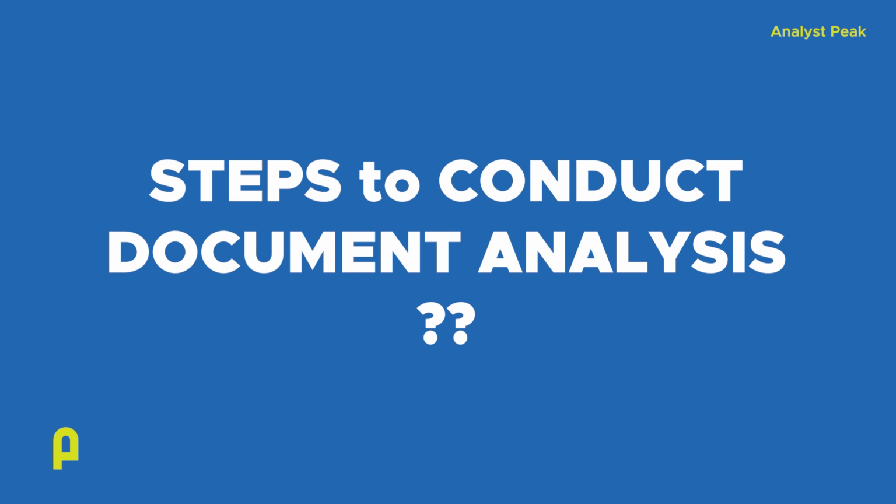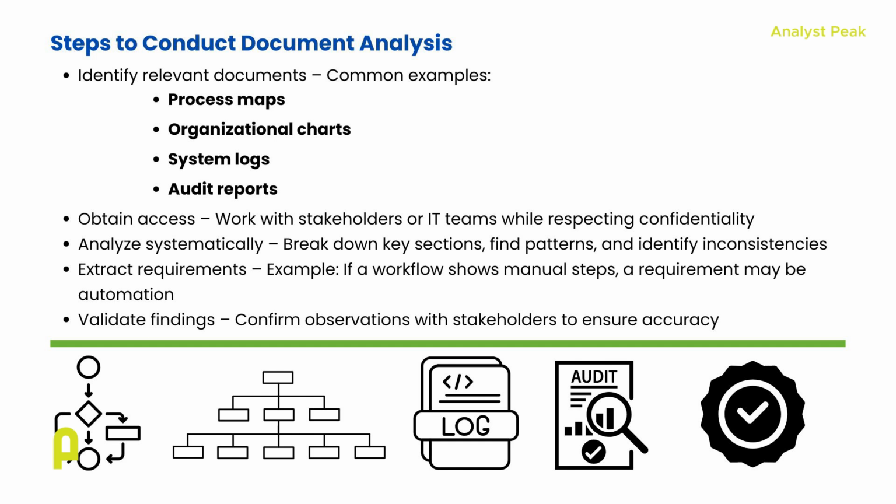Now let's walk through the steps to conduct effective document analysis. Number one, identify relevant documents. Start by listing the types of documents that might provide insights. Examples include process maps, organizational charts, system logs, audit reports, etc. Number two, obtain access.